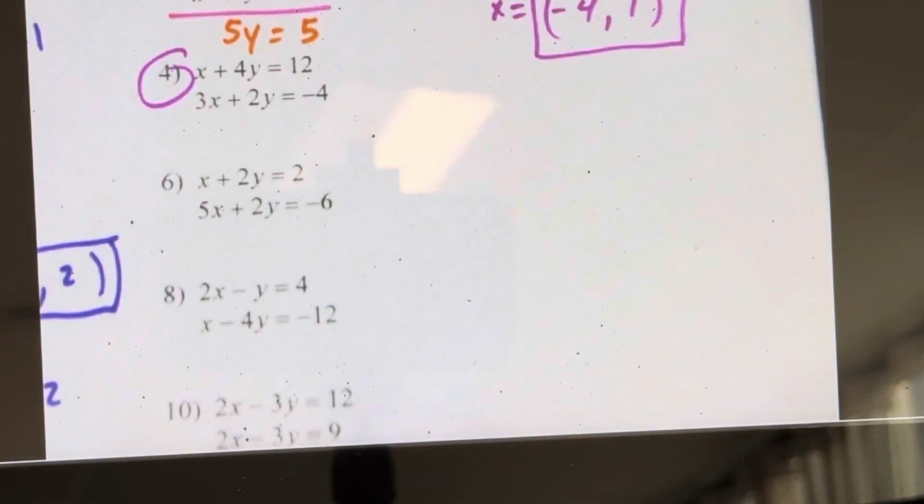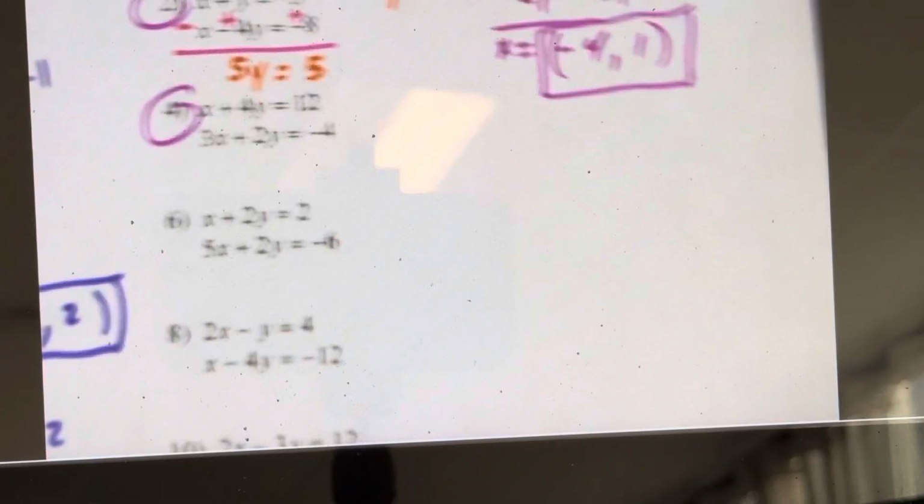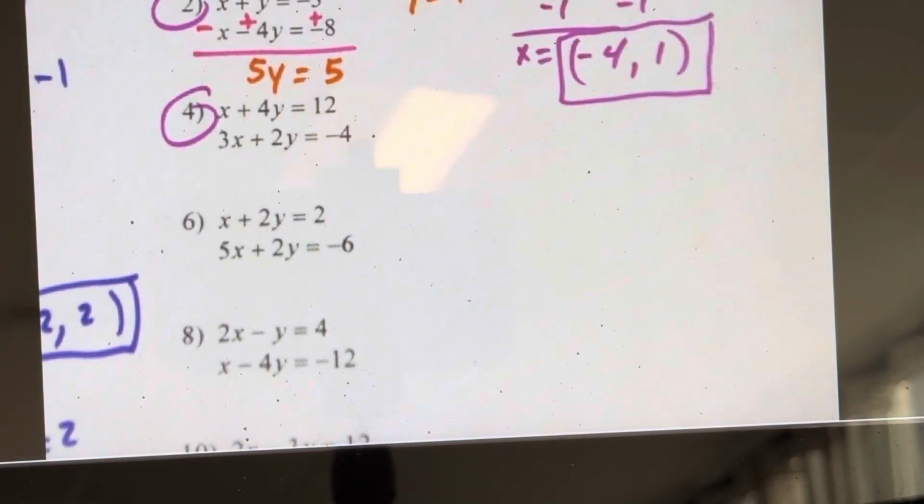Okay, last one that we're going to do is number 4. Can we add or subtract to get rid of a variable? Is 3 the same as 1? Or is 2 the same as 4? No. So not only do we need to subtract, we need to change one of the variables so that they're the same.